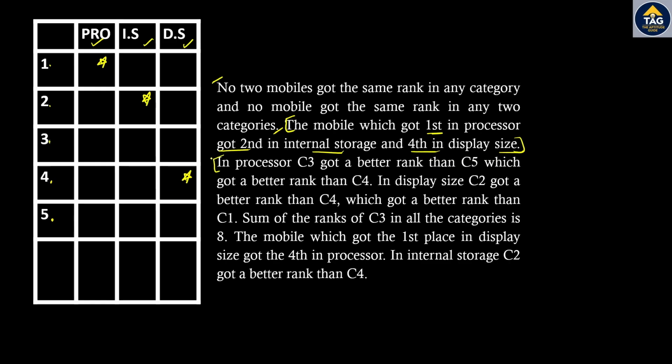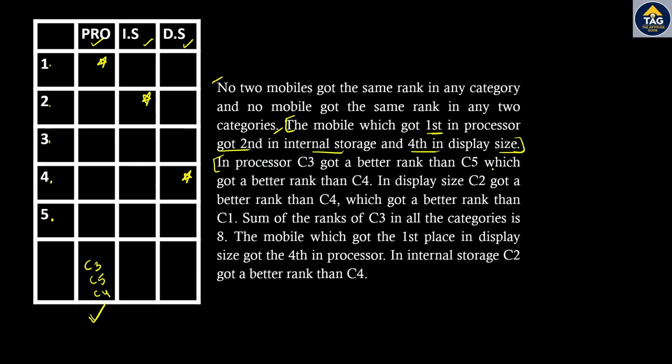Next one says that in processor, so this condition is related to this particular category. In processor, C3 got a better rank than C5, which got a better rank than C4. So C3 got a better rank than C5 and C5 got a better rank than C4.